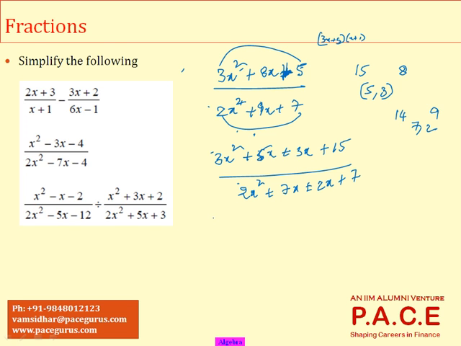Now out of the first two, take a common out. I'll take only x out for the first two. It becomes 3x plus 5. And in the second, there is 3 out.